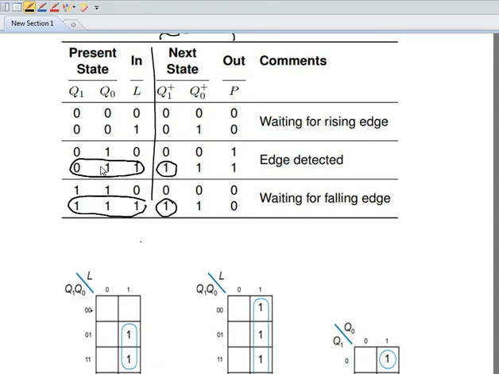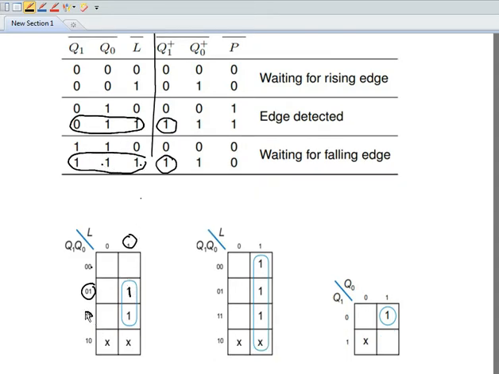So 0, 1, 1. Then you put a 1 here. 1, 1, 1. So put a 1 here. And the rest are all zeros, right? So 0, 0, 0, 0. We don't have 1, 0, right? So just put an X here.